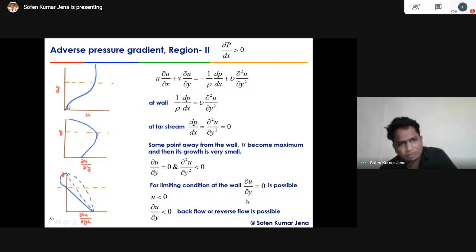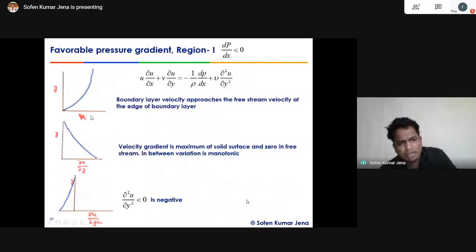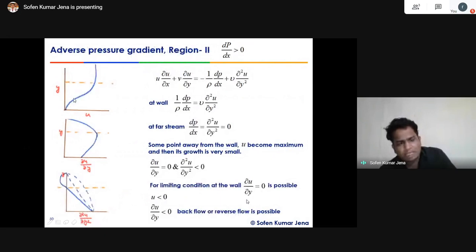There is a steep change. So in that case, what will happen? Del u by del y becomes 0 with respect to y. My u magnitude is not changing so much. If it is changing smoothly, I can get a finite amount of del u by del y. But with such steep changes, I get del u by del y equal to 0. Possible. In that case, what will happen?